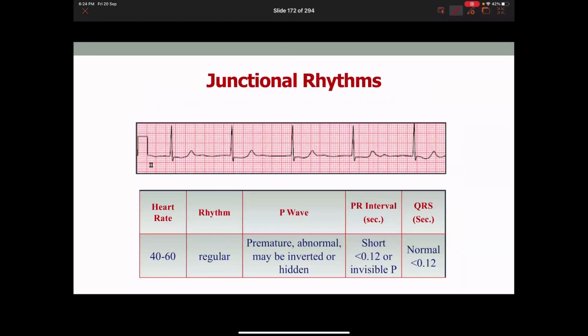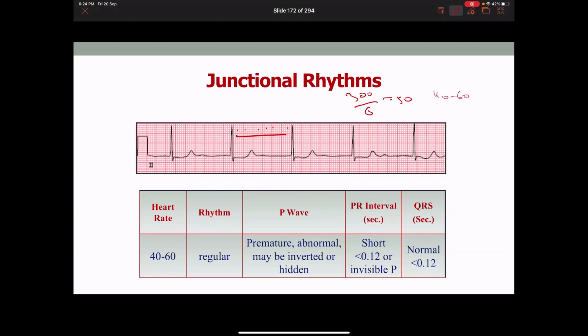What about this one? This is a junctional rhythm. Exactly. So if you measure the heart rate, 1, 2, 3, 4, 5, 6, this is 300 divided by 6, which is 50, okay? And we said that it's 40 to 60, the one that's produced by the AV node.